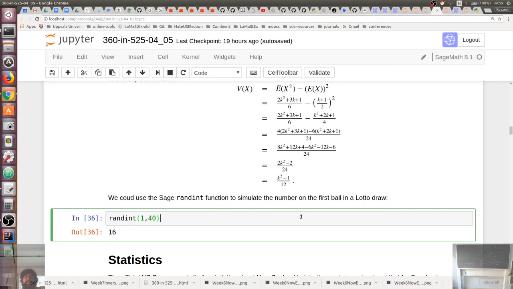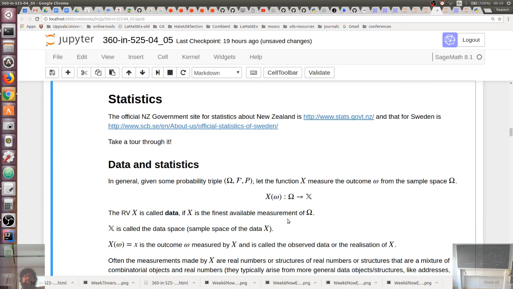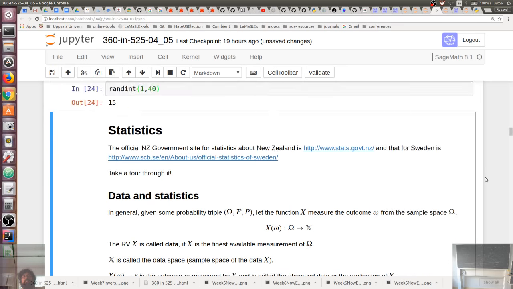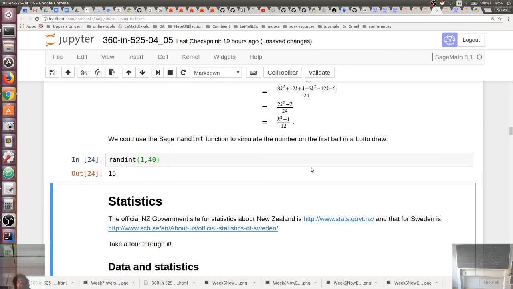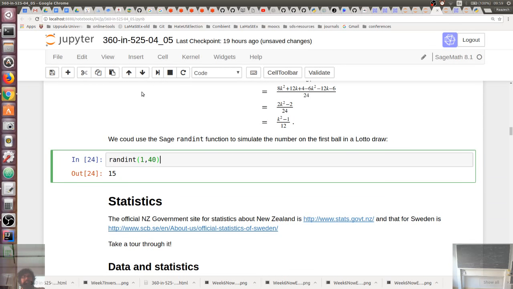And then this is how you would simulate it. Just randint 1 to 40 to simulate a draw. So, in the last minute, let's quickly do a list comprehension.